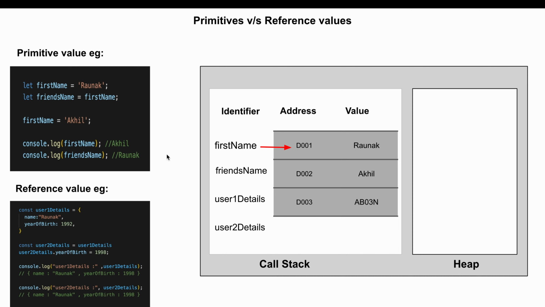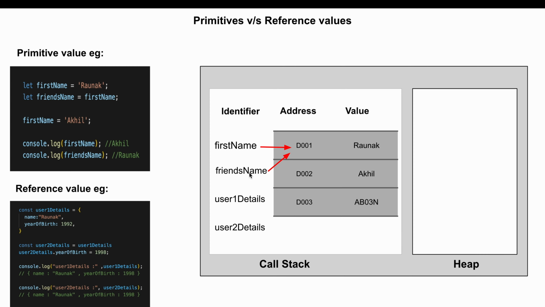Okay, so now in this next line we have created another variable to which we have assigned firstName as a value. So how will it work in the call stack? The friendName, the second variable which we have created, will start pointing to the first address.